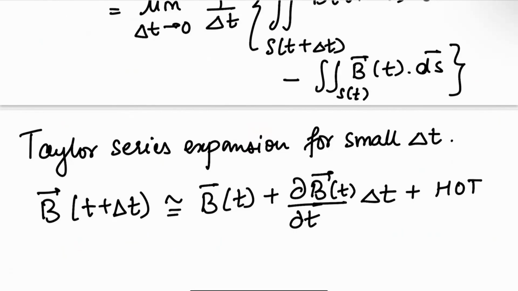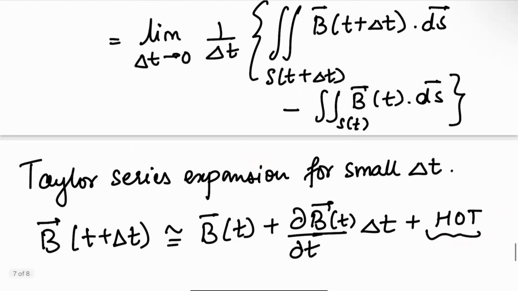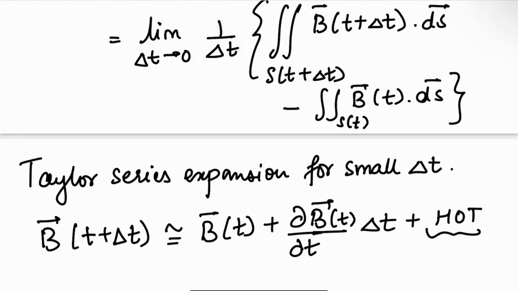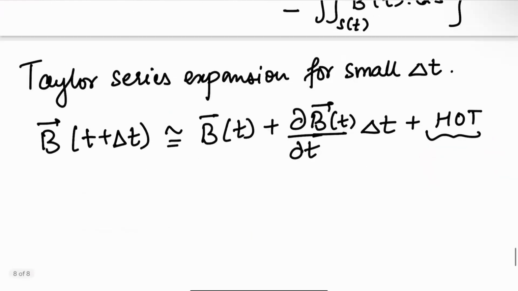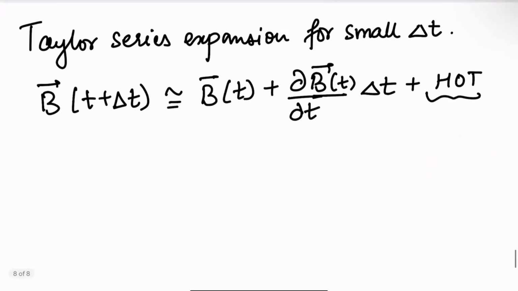And I'm ignoring them here. You can actually account for them, but they would all go to zero, because when you take the limit, the delta t in this term goes away, but because you have a delta t squared, it will only cancel with the denominator 1 over delta t. Only one of them will cancel, and you'll still have delta t terms left over. So in the limit, they will all go to 0. So that's why it's fair to ignore them when you take this limit. I'm just going to ignore it from now on, but it doesn't make a difference. You can keep it if you like.